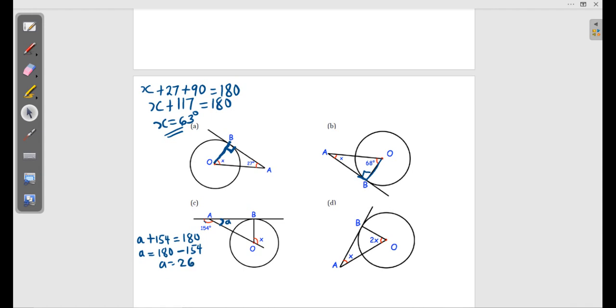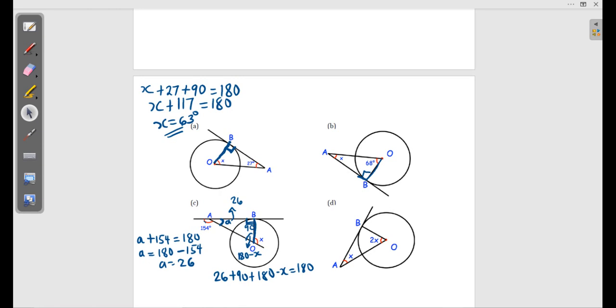Now, I know this is my radius, and I know this to be 90 degrees. So that means I would have 90 here. I already know here to be 26. Now, don't also forget that this is x. Automatically, if this is x, the inside angle here will be 180 minus x. So that gives you what? 26 plus 90 plus 180 minus x is equal to 180.